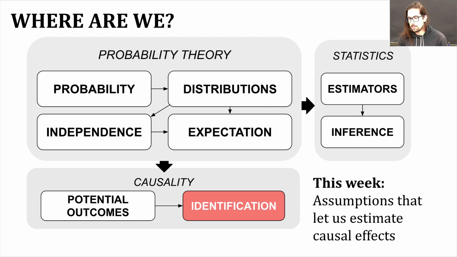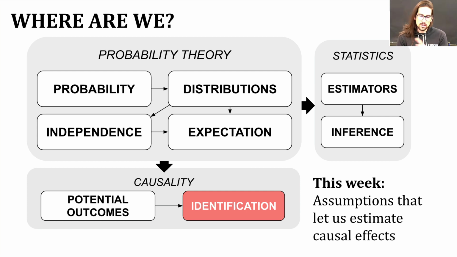Then we assume our data is drawn from that data generating process, and we would like to use that data to guess what that unknown number is. And that's what estimators do. And then we talked about inference, which is how do we quantify the uncertainty? Understanding that the data that we got are just one possible data set that we could have drawn from that data generating process. And so we could have gotten a different answer if we had done it again. And we'd like to quantify the uncertainty in that process.